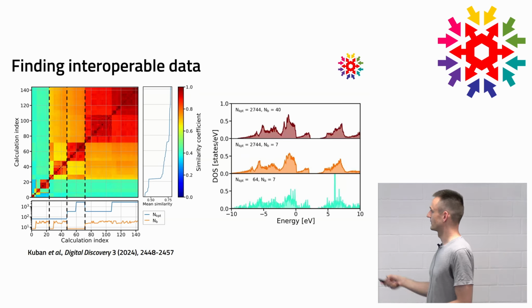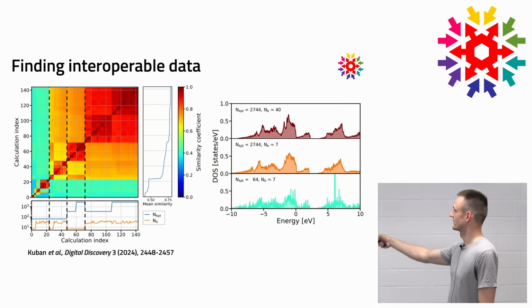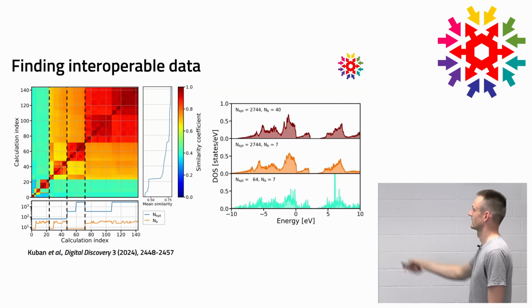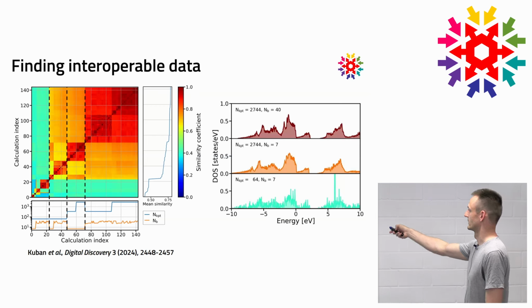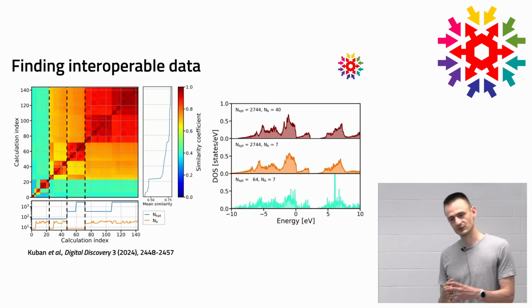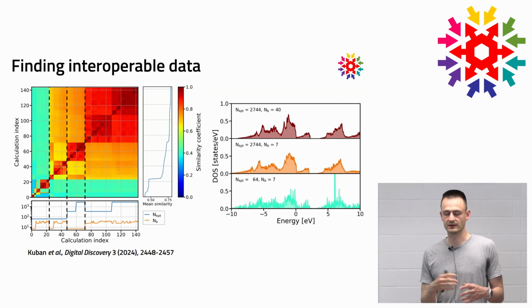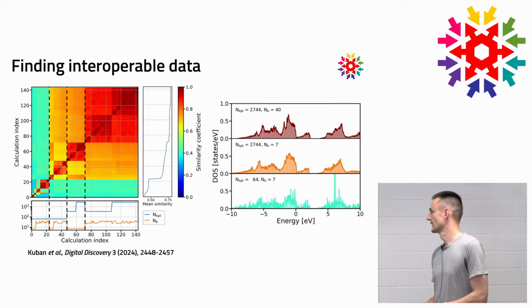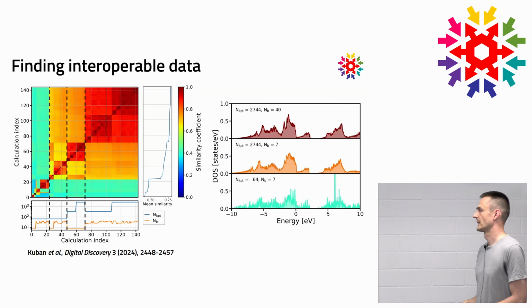But if you compare it to the one that's actually at the very top, that uses the highest number of k-points and the highest number of basis functions per atom, you find that the features look pretty different, especially these little peaks here. This confirms what we already know. If you choose too few basis functions, you cannot represent your Kohn-Sham wave functions effectively in your code.